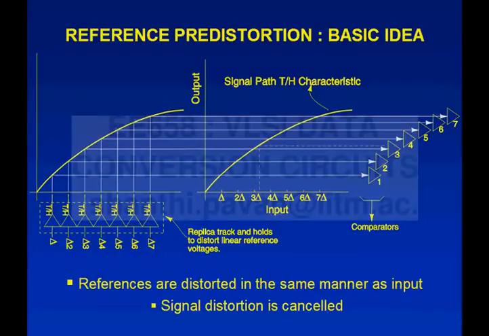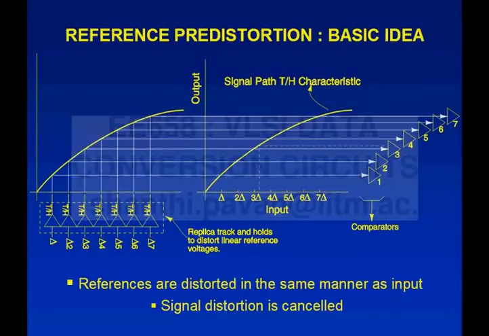The problem earlier was the input-output characteristic of the track and hold was nonlinear, and if you recall the earlier picture, as far as the input-output of the ADC is concerned, if the input lies between 3 and 4 LSBs, how many comparators do you want to flip? The first 3 comparators must flip, correct? Earlier that was not happening because the references were all uniform, and the input-output characteristic of the track and hold was nonlinear like this.